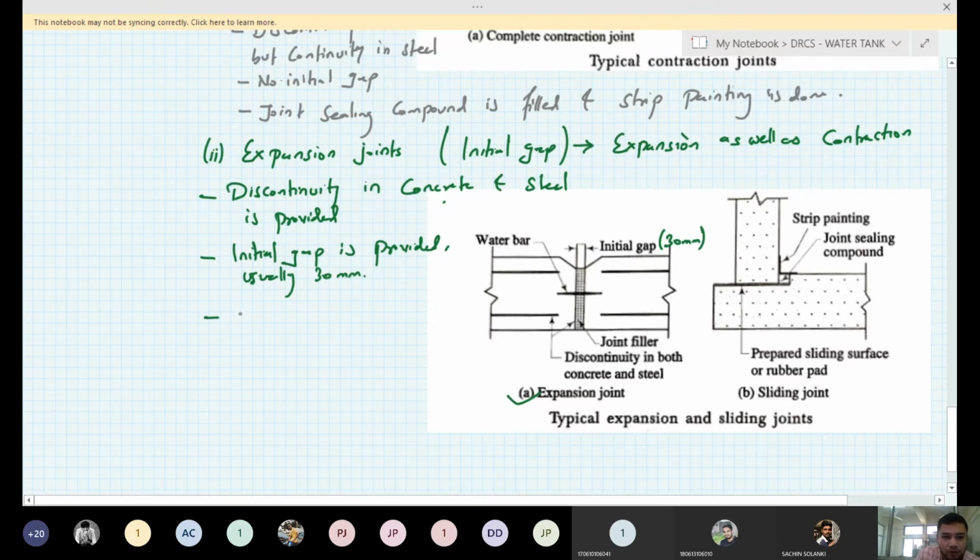Then the water bars are used, to prevent the water from passing. Then the initial gap is filled with joint fillers.